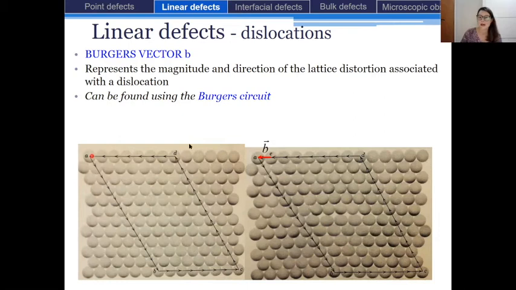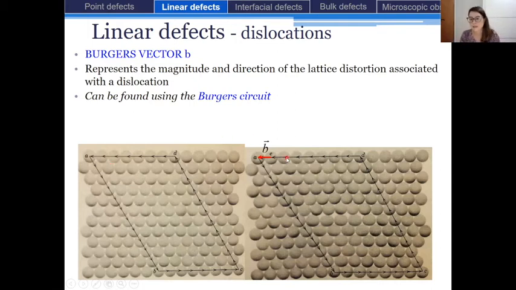Okay, so in that case, if you count the distance between A and B and C and D, the distance will be the same. So it will be the same number of steps that you will have performed. And in the case of B to C and D to A, also, it is the same number of steps that you will have traced.